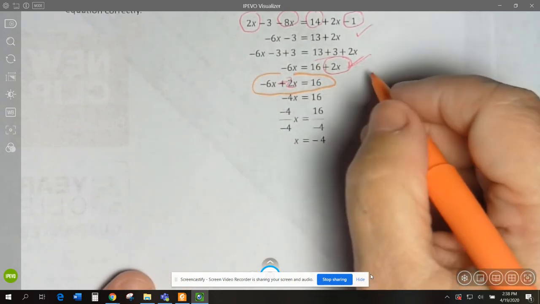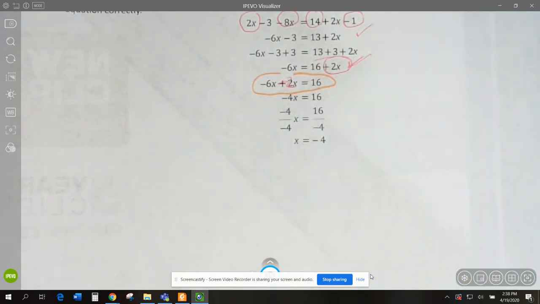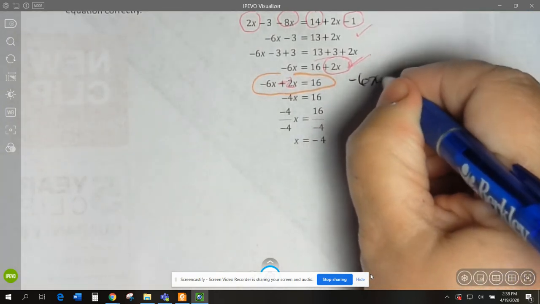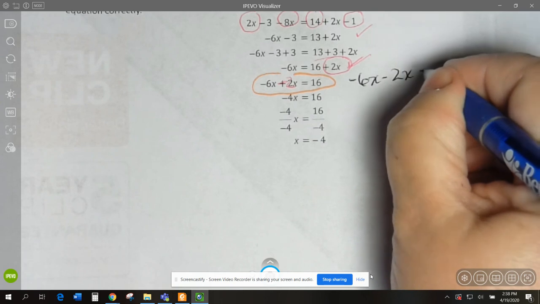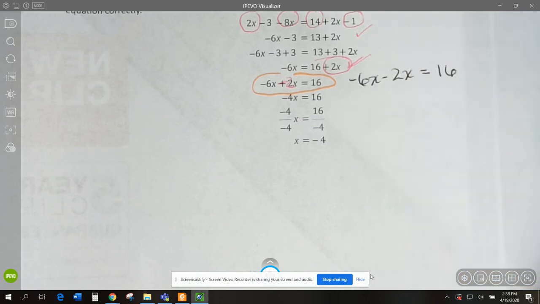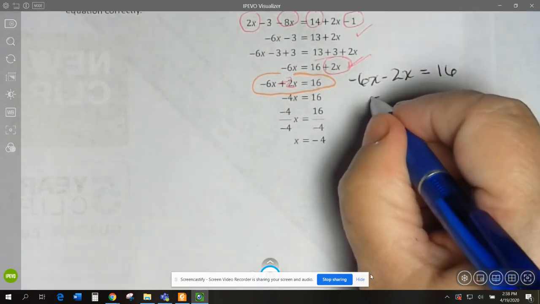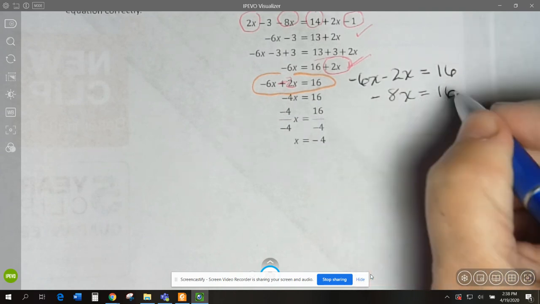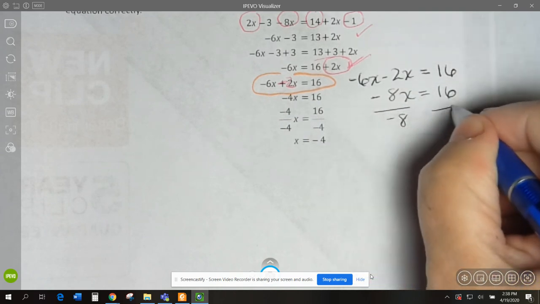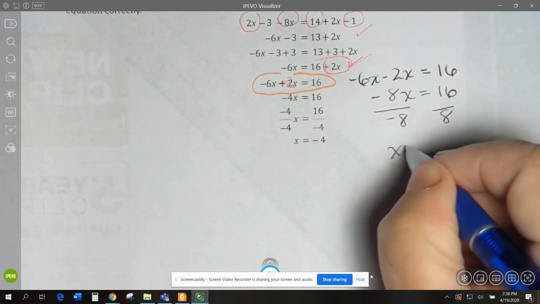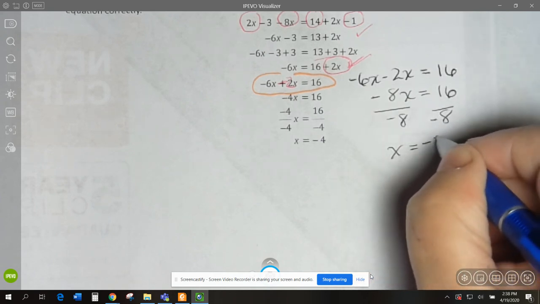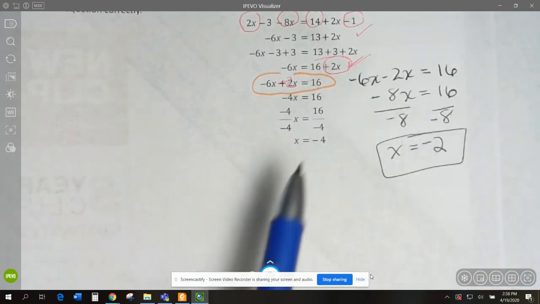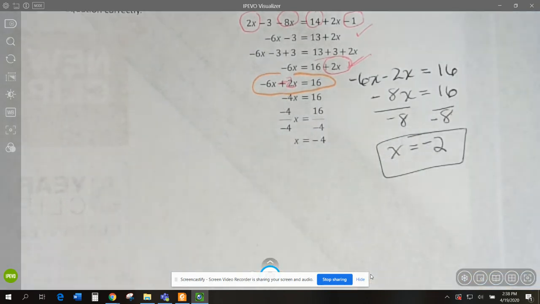So they should have a negative 6x minus 2x equals 16. So this would be a negative 8x equals 16. Then you're going to divide by a negative 8, and you're going to have x equals a negative 2. Positive divided by a negative is a negative. So that's where they made their mistake.